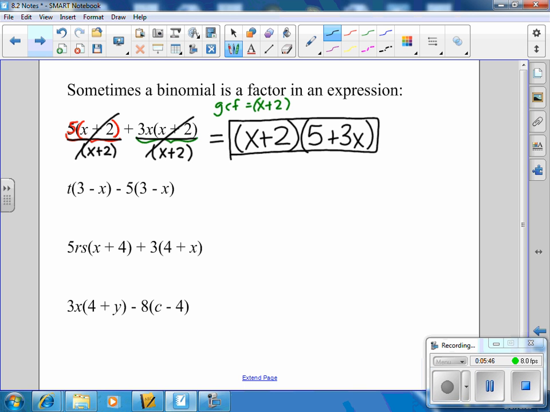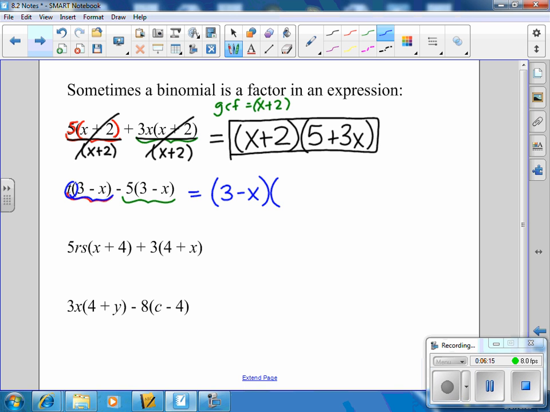The next one, we can do kind of the same thing. We have these two terms here. We have this red term, and then we have this green term. They both have that 3 minus x in common. That's our greatest common factor, and that's what we're going to want to pull out, or to factor out. And then we can ask ourselves, well, if I took away 3 minus x, what would I have to do to get t times 3 minus x?